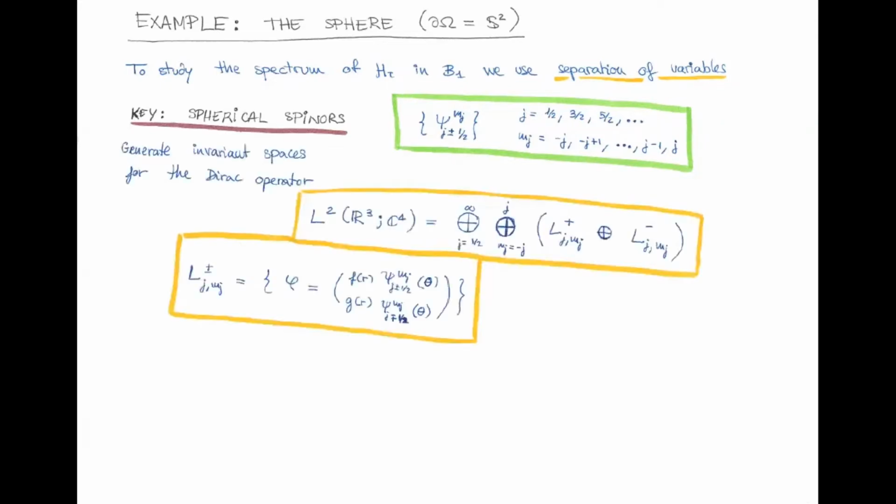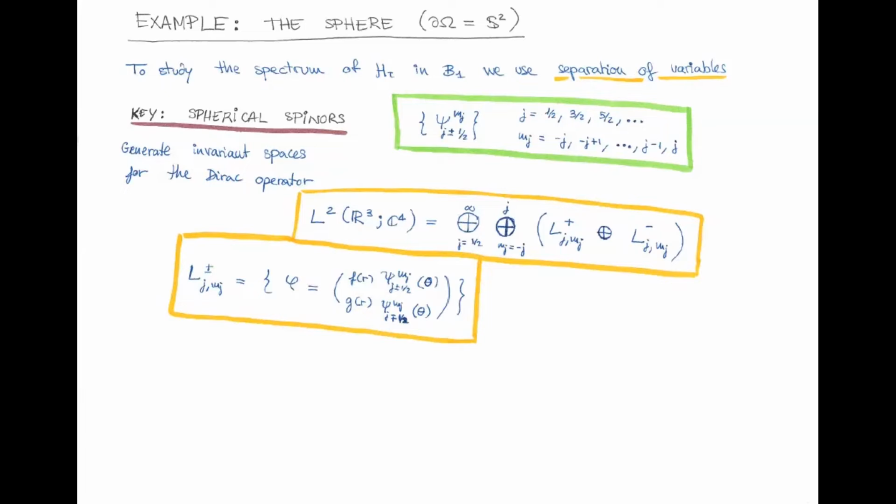In particular, the notation is a mess because you have a lot of indexes and half indexes. For each half index, you have a plus and a minus. And for each of these, you have an mj that accounts for the multiplicity of the eigenvalues in this eigenspace. But okay, you have that. You can split or decompose your space into a direct sum of these spaces.